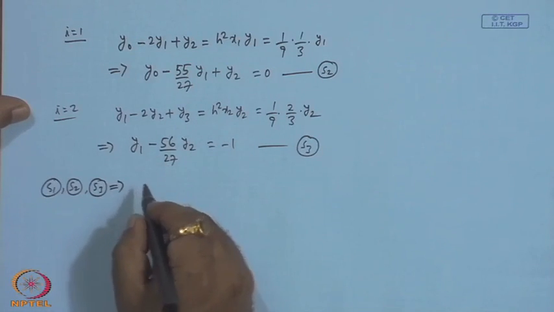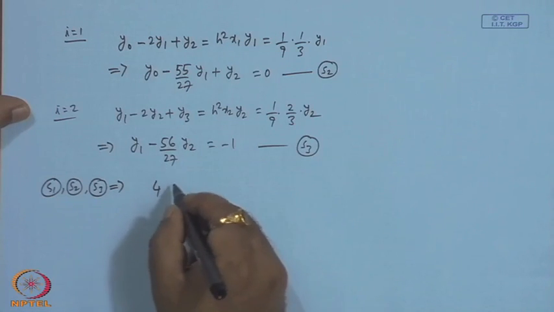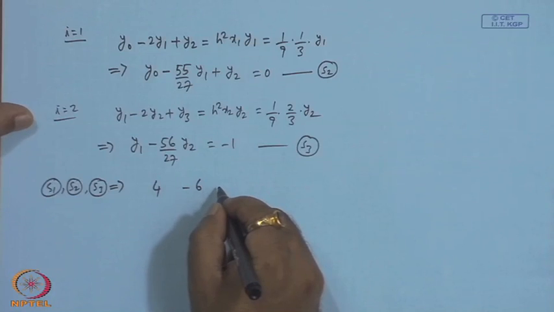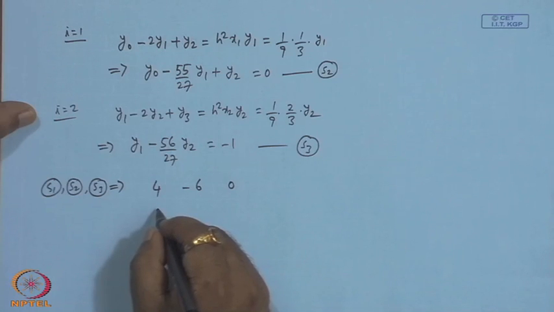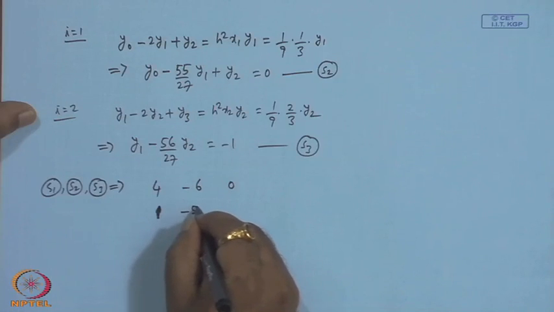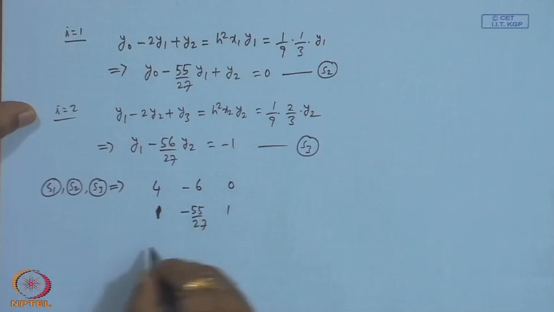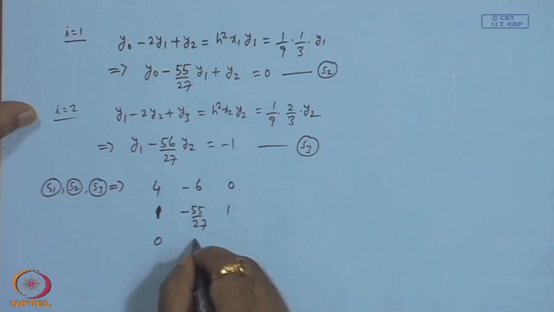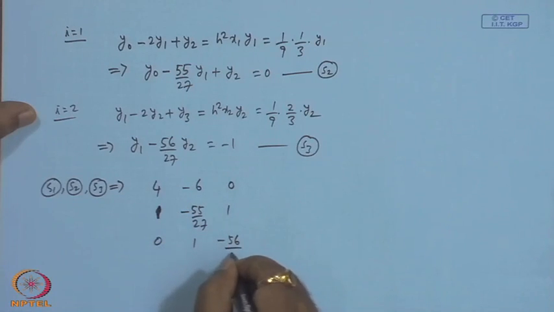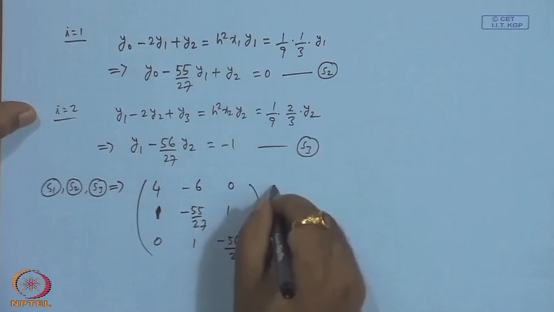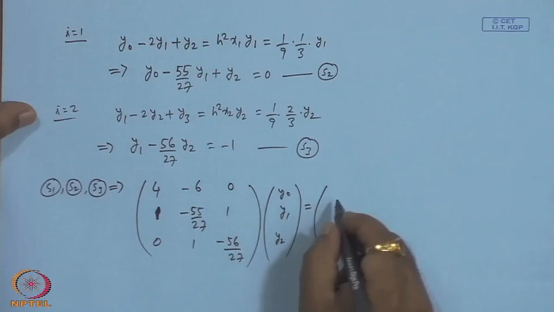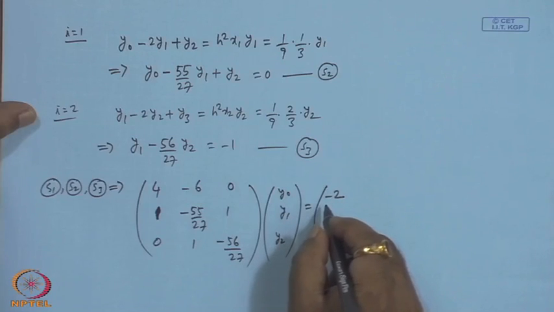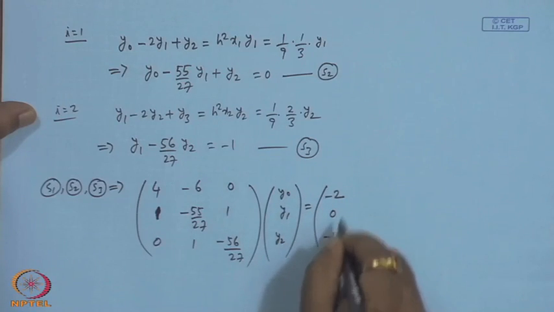Then we have the matrix with rows 4, minus 6, 0; then 1, 0, 1; then minus 2, 0, minus 1.